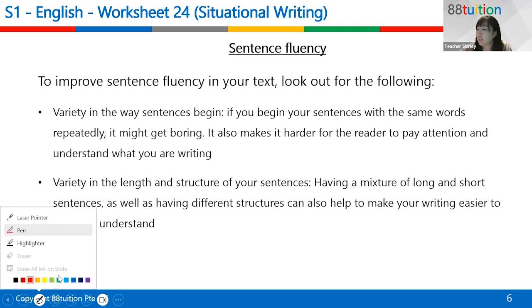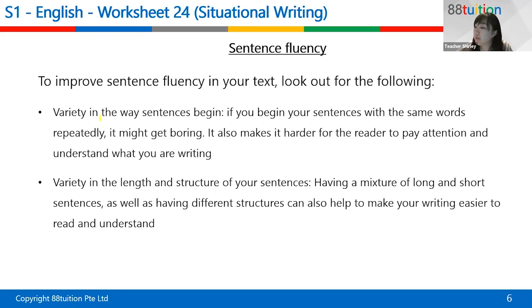So how do you ensure that there's sentence fluency? You can actually have a variety. How do you have a variety? You can have a mixture of long and short sentences.